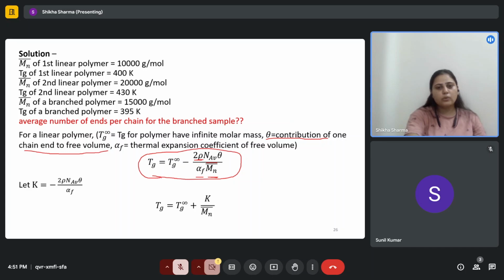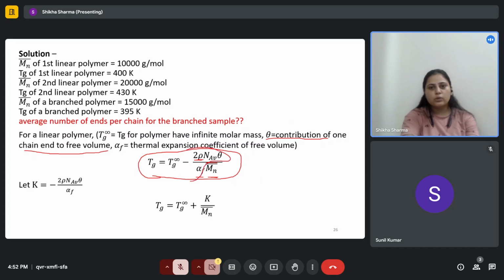So this is the formula which is already there in the lecture slides, if you have gone through it. We are considering this value, minus 2 rho Avogadro number multiplied by theta divided by the thermal expansion coefficient.